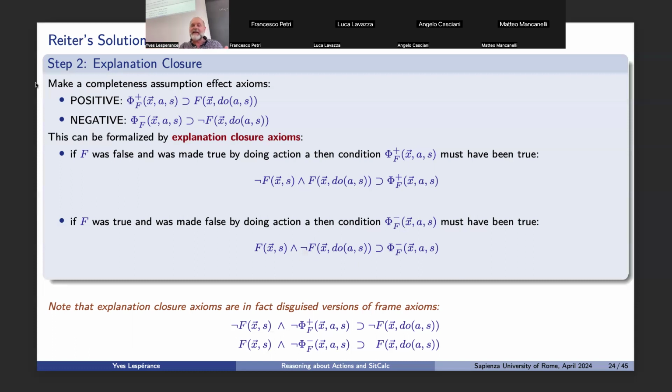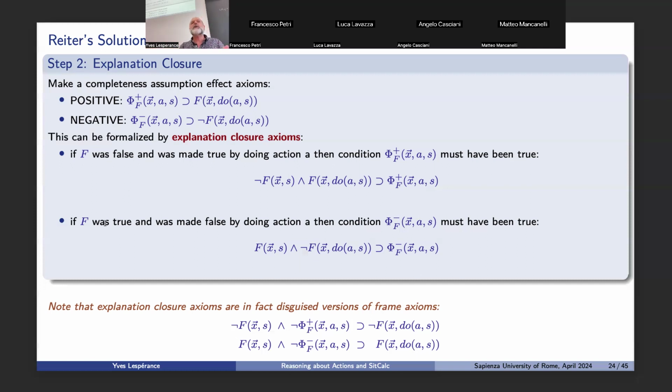So essentially the explanation closure assumption, for the positive case, says that if F is false now in situation S, and it's true after do A S, then it must have been because this condition was true. It must have been because I had an effect axiom that said it becomes true, and I compiled it all into this normal form positive effect.